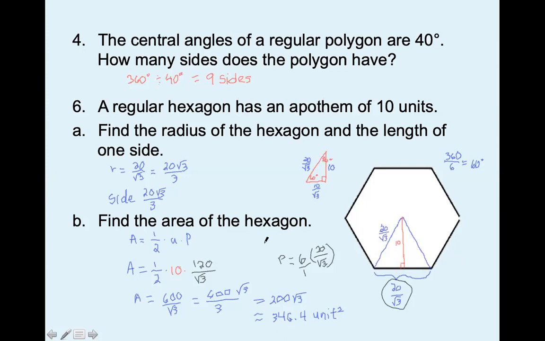All right, so that's how you find the area of a hexagon. I would have gotten the same answer if I had found the area of one triangle, 1/2 base times height, so 1/2 times base 20 divided by the square root of 3 times the height 10, got that answer and multiplied by 6. Again, there are 6 of these equilateral triangles contained in this hexagon.